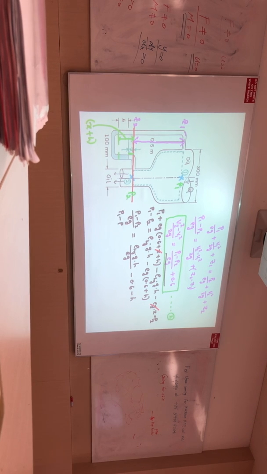P1 minus P2 by rho G plus 0.6 is equivalent to H common, rho Hg by rho, minus 1.